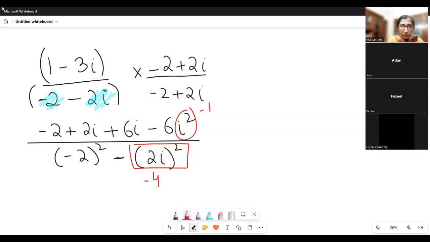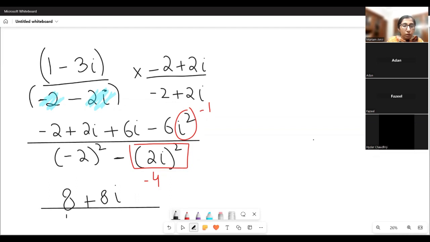Okay. So the numerator becomes -2 plus 6, which is 8, and then plus 8 iota. And the denominator is 4, minus minus is plus 4.